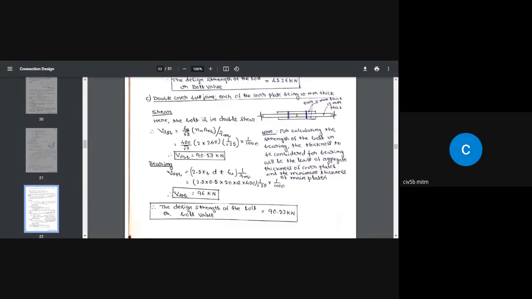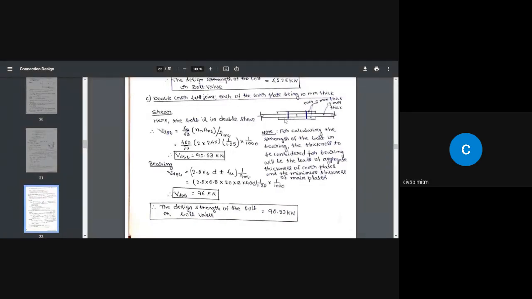So what we must do is add the thickness of this cover plate with the thickness of this. In this case, it is 10 plus 10, 20. That should be compared with the thickness of this plate, which is 12 millimeter. The lesser of those two values should be taken. If at all the bolt fails by bearing, this is where it fails.